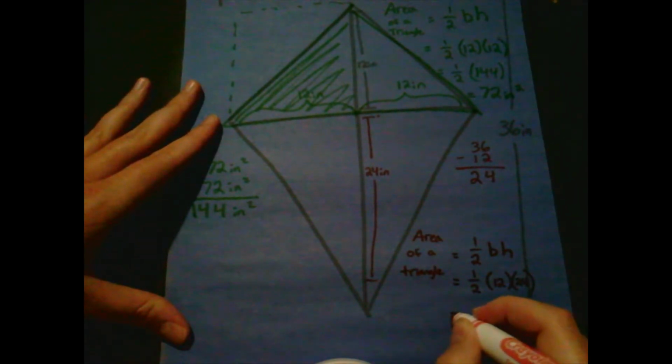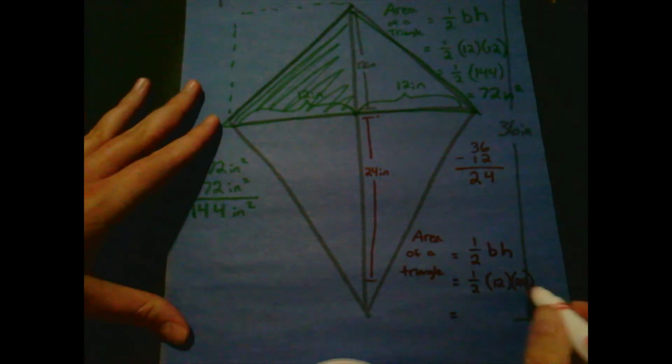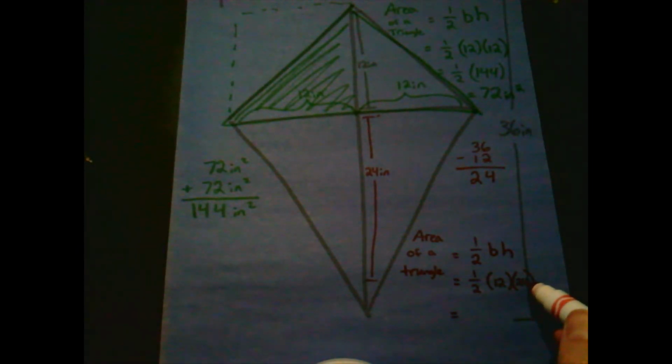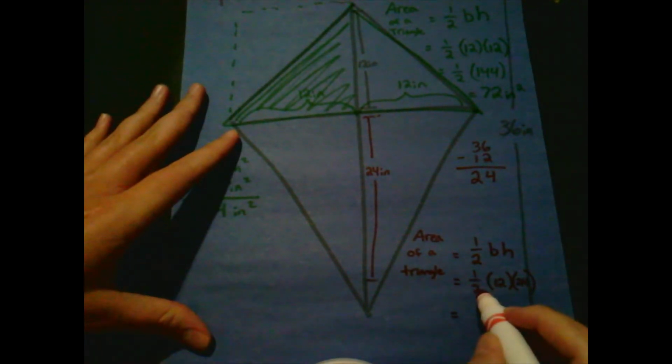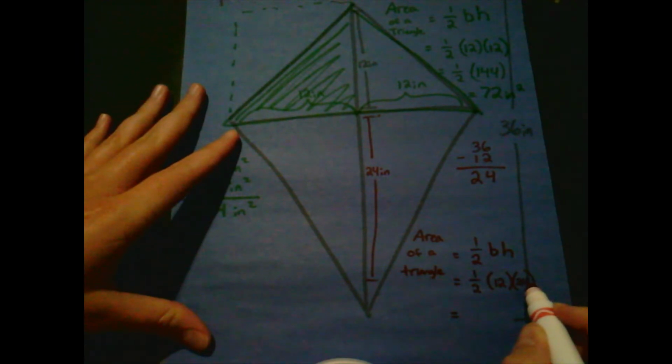Alright, so we need to go ahead and multiply. There's a couple ways we can do this. We could say half of 12 is 6, and then multiply 6 times 24. We could do half of 24 is 12, and multiply 12 times 12. We could multiply 12 times 24 and then divide by 2. There's many, many different ways. I'm going to go ahead and do half of 24 is 12.